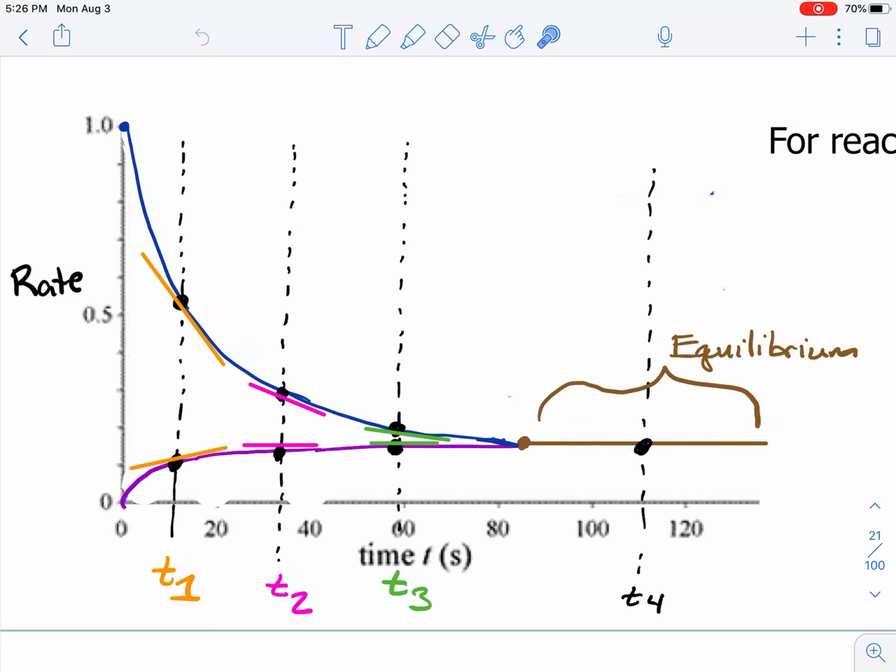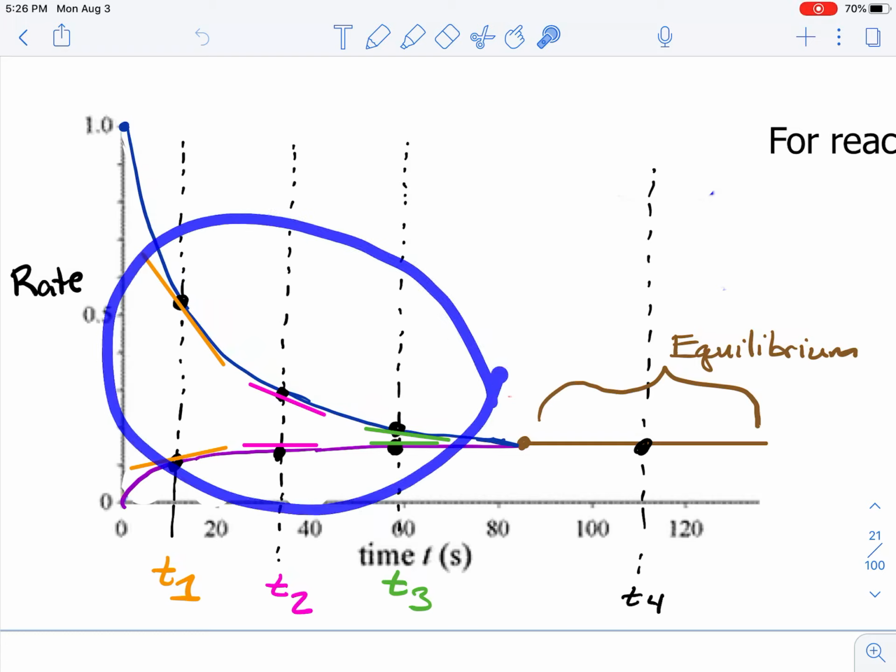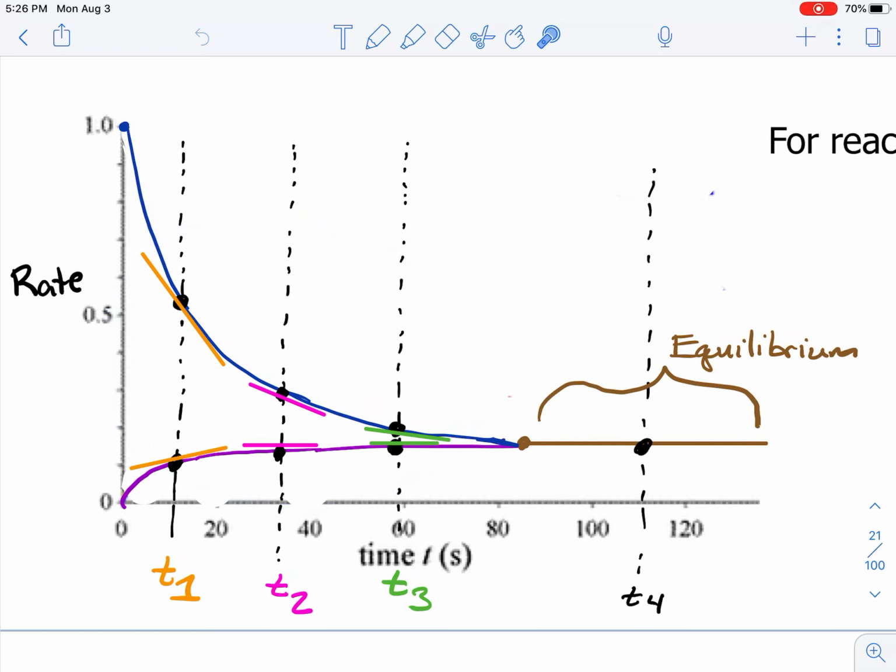And if we look at the region in which the chemical system is not at equilibrium, the rates kind of change as the reaction progresses between the forward and the reverse reaction. And so the reaction quotient Q is a quotient between the two rates of the forward and reverse.